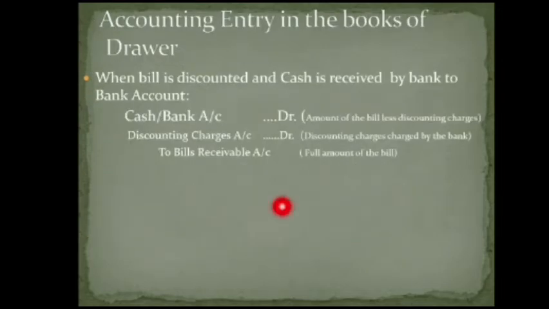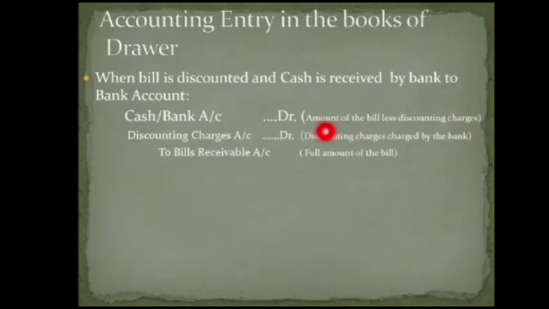Now let us see the journal entry in the books of the drawer when the bill is discounted and cash is received by bank to bank account. Here the drawer is receiving the bill amount from the bank. So when the drawer receives the cash, he will debit the cash account. The amount you write in the debit column is the amount of the bill less discounting charges.